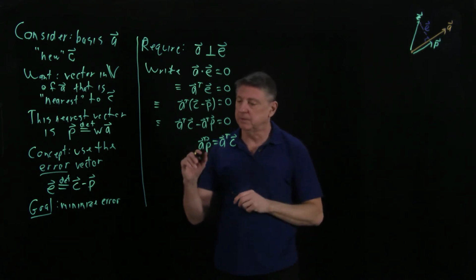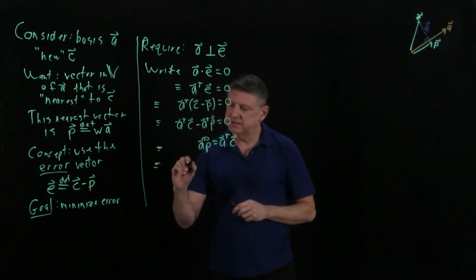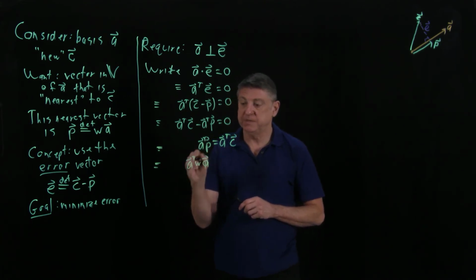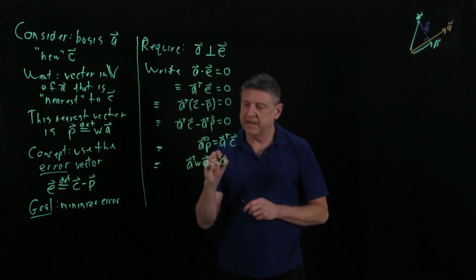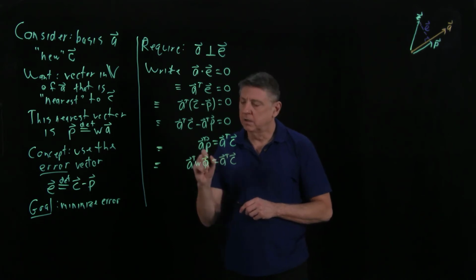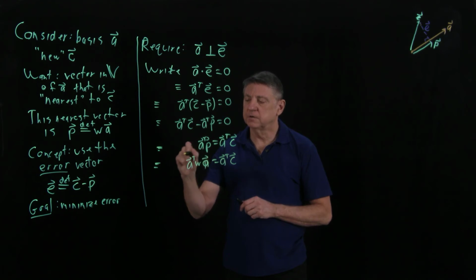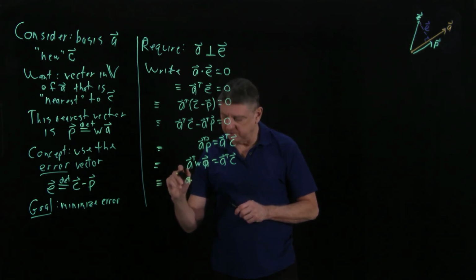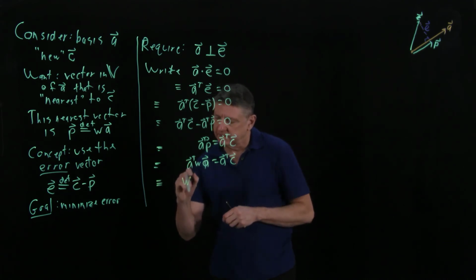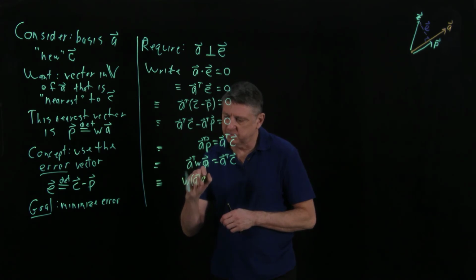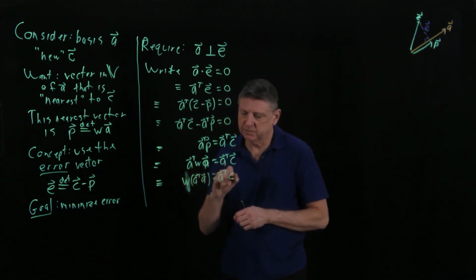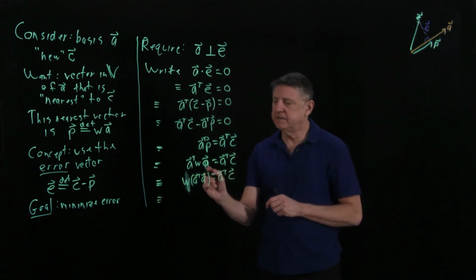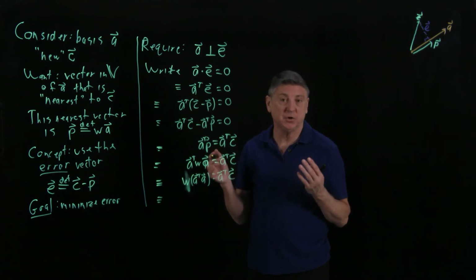We're really trying to find that multiple W. So that is equivalent to saying that A transpose times W times A, because P is W times A, equals A transpose C. Well, by the law that a vector and a scalar commute, that's equivalent to saying that W times A transpose A equals A transpose C.